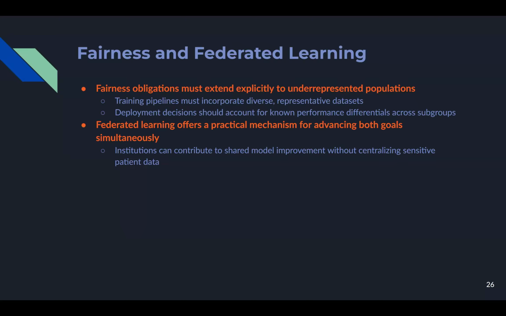Therefore, training datasets should be representative and inclusive of all the subgroups, all the populations, with all the groups of people. So federated learning helps address this by allowing institutions to collaboratively improve models without sharing sensitive patient data. This supports both fairness and privacy in healthcare AI systems. Next.